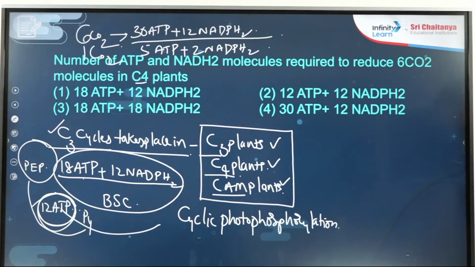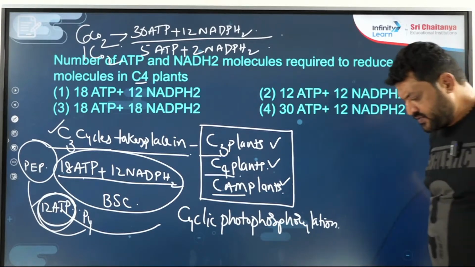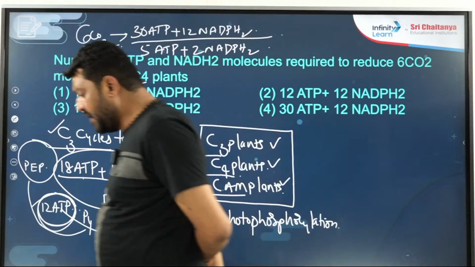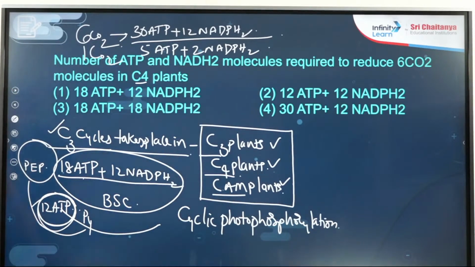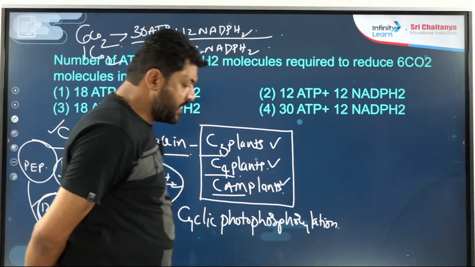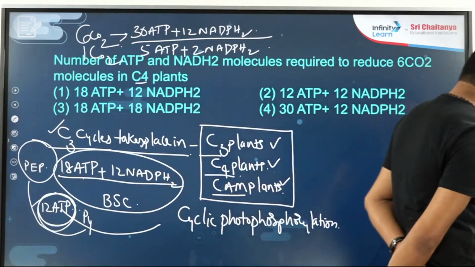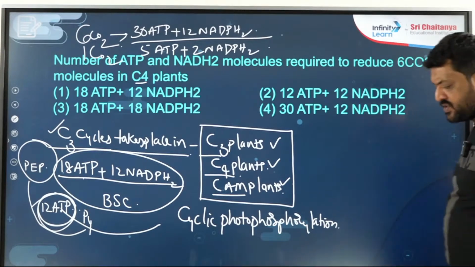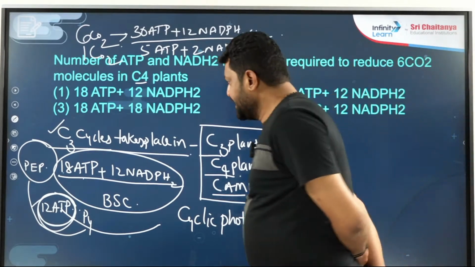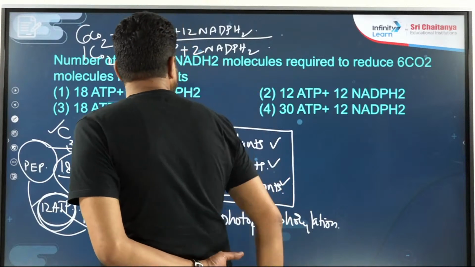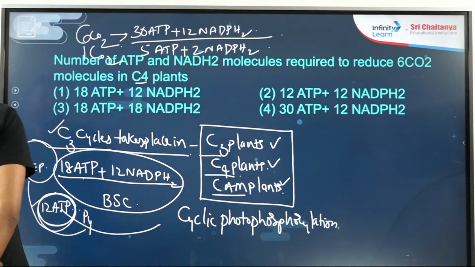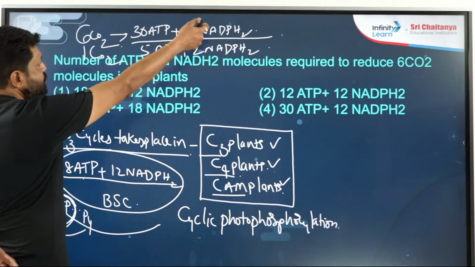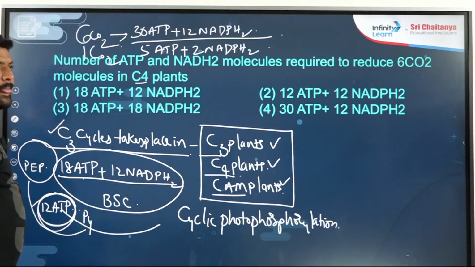Was it clear? There are 4 questions we have discussed so far. The first question is, how many ATP are required for the reduction of 6 CO2 in C3 plants? The answer is 18 ATP plus 12 NADPH2. Then the next question is, in C4 plants, how many are required? 30 ATP plus 12 NADPH2.